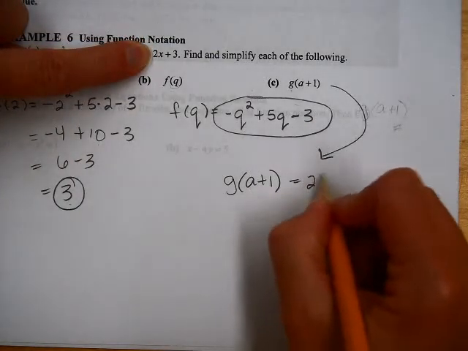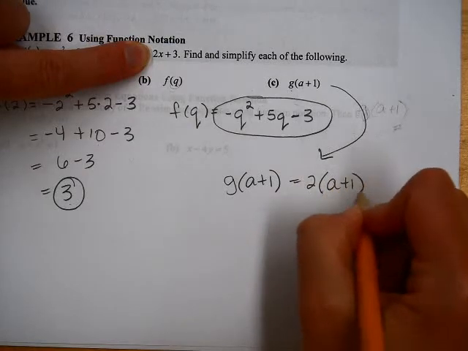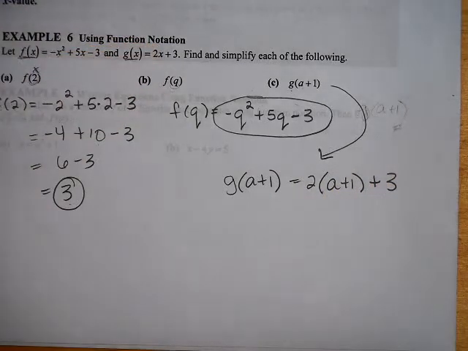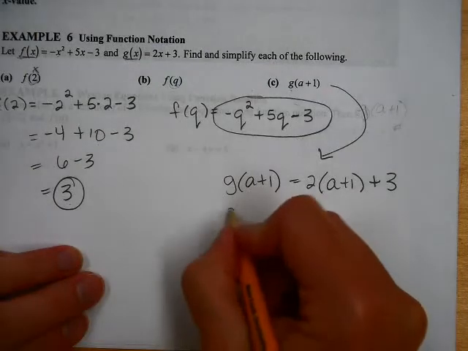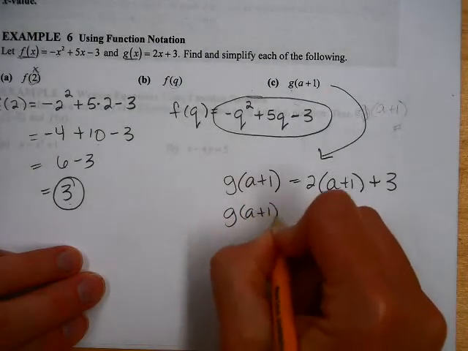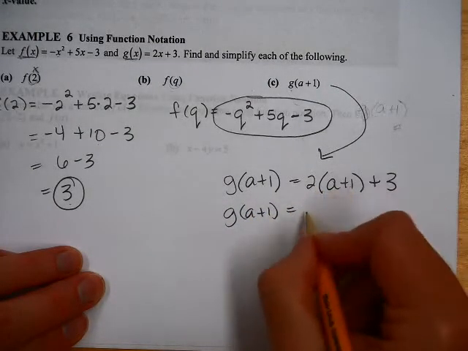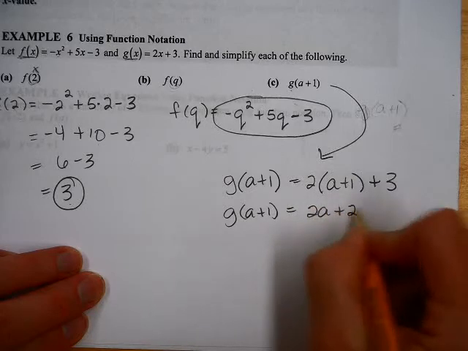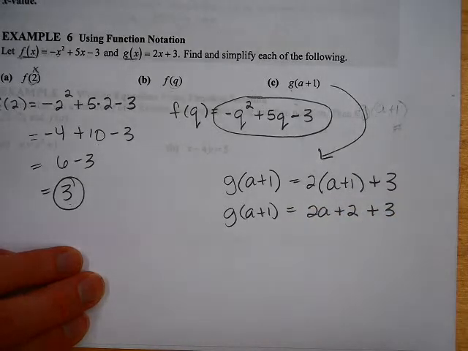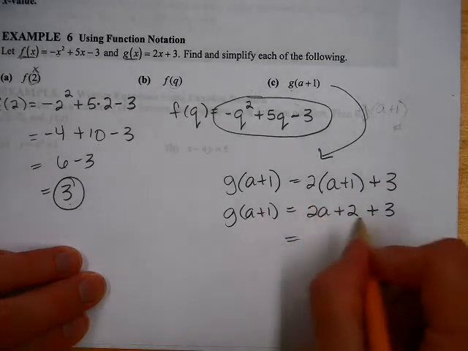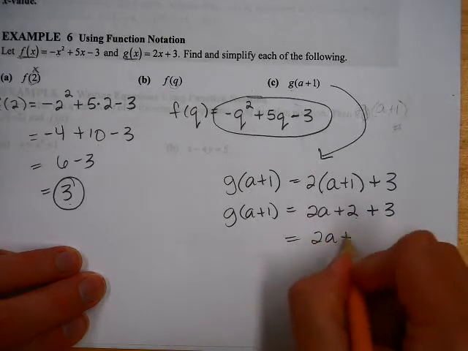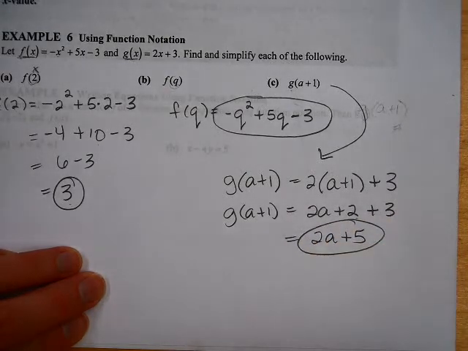So 2 times a plus 1, and then plus 3. So g of a plus 1 equals, distribute, 2a plus 2 plus 3. Combine these like terms, 2a plus 5.